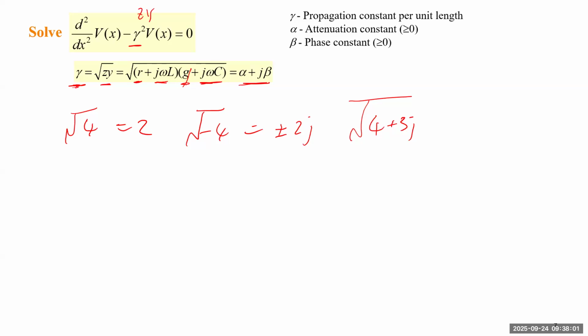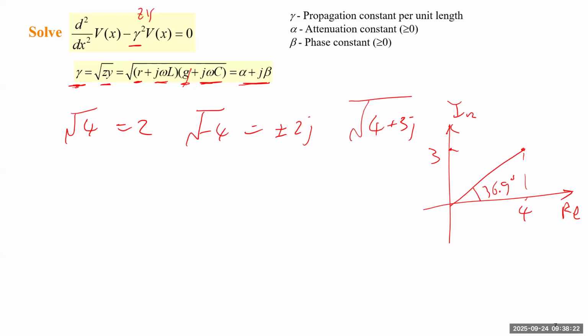If we draw the complex number, it will be something like this. We utilize this triangle. This distance is 4, this is 3. So this is real, this is imaginary. This angle is about 36.9 degrees, right? So this is a complex number.